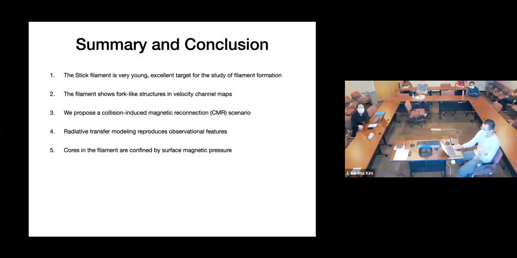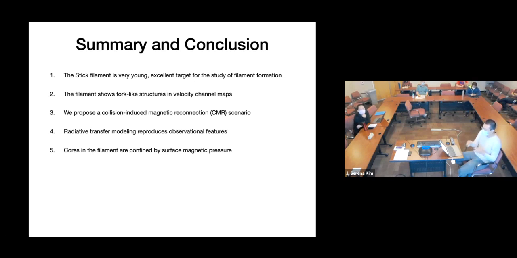So a summary here for the Athena result is we're basically trying to model this interesting filament called Stick. It's very young, an excellent target for a study of the initial condition of filament formation, initial condition for star formation. This filament shows some interesting structure in the velocity channel maps and also in the Herschel maps.